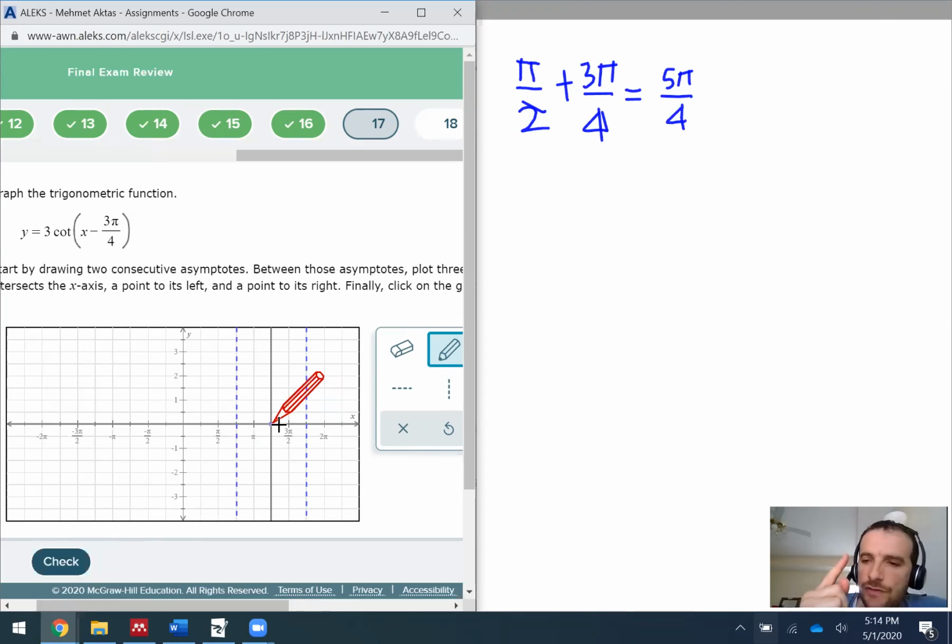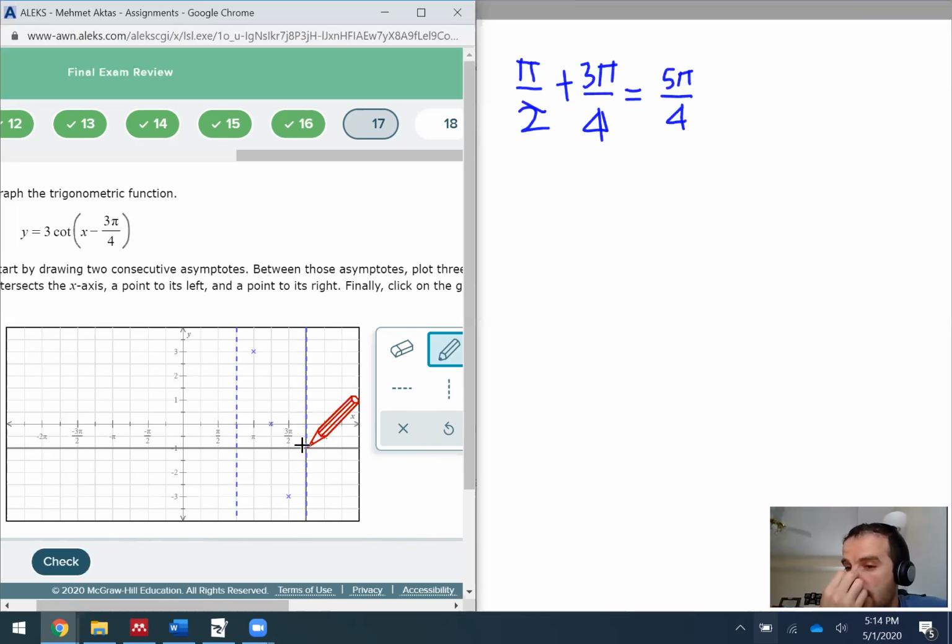Pi over 4 shifted 3 pi over 4 units to the right, we will get pi. So at pi, it is 1. But we are also stretching everything 3 units up, right? So 1 should be 3 here. And similarly, there is another point here, right?